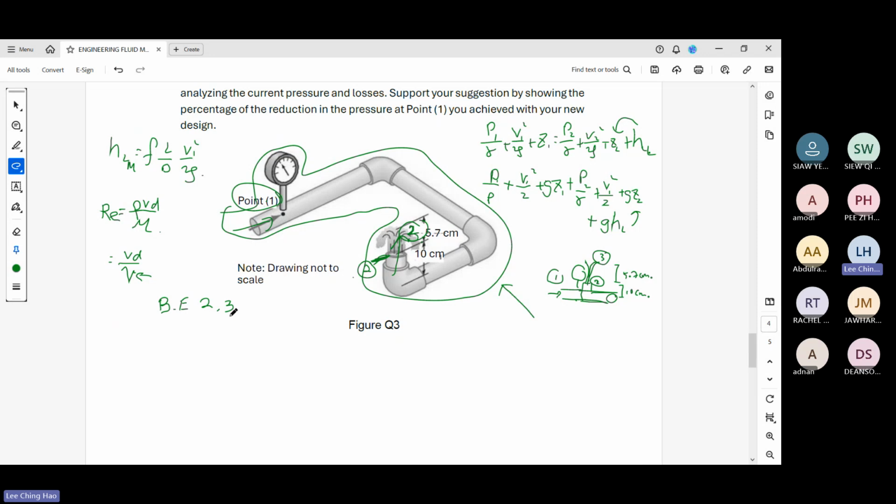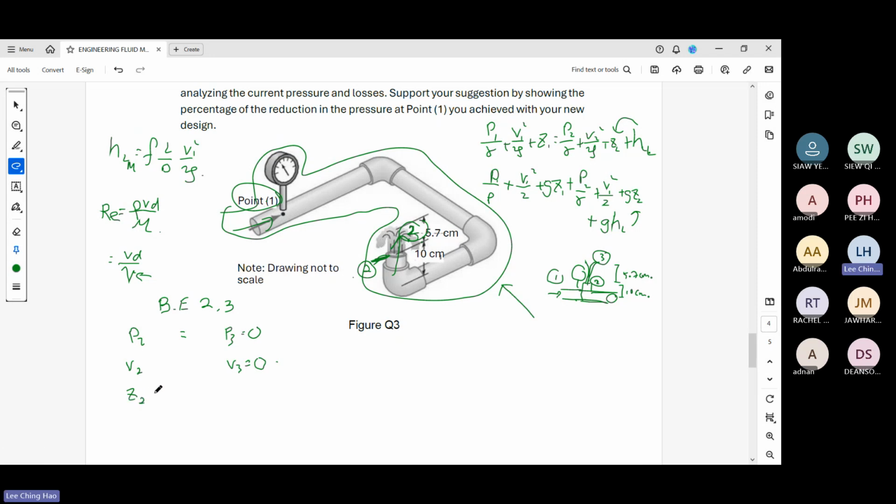Because pressure 2 and pressure 3 are equal, which is 0. Velocity 2, I don't know. But velocity 3 will be 0, because it is at the highest point.